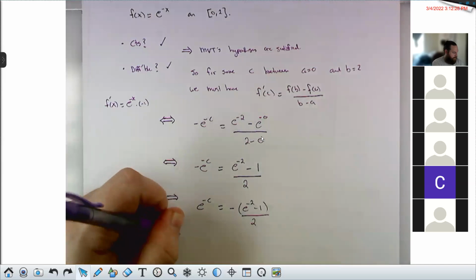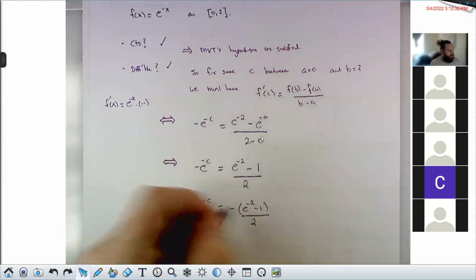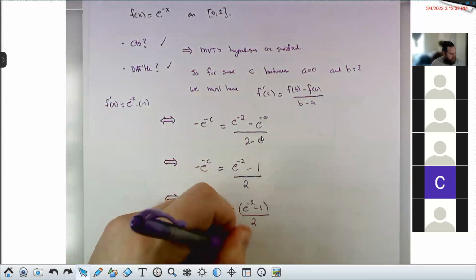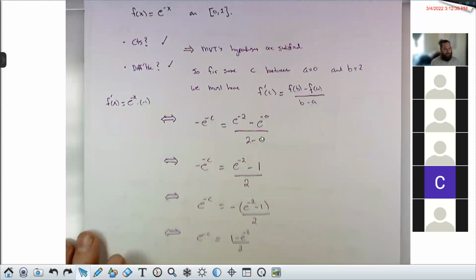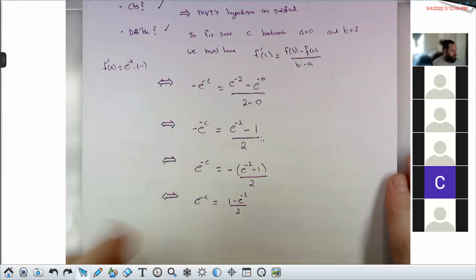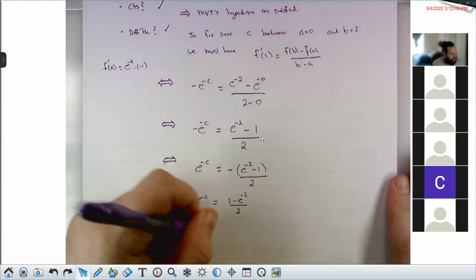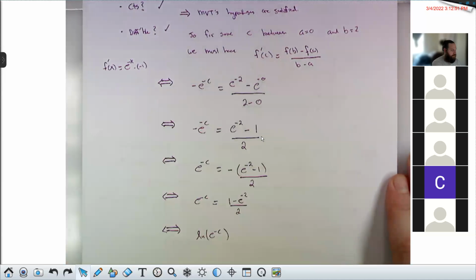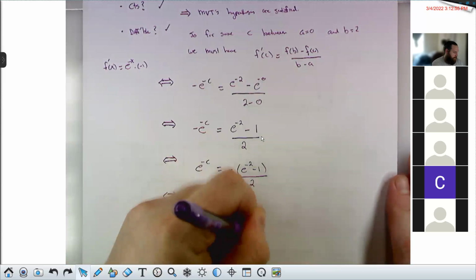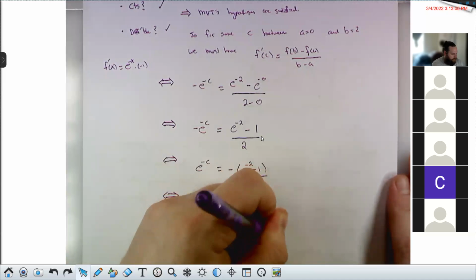I'm going to do two things in this step. Well, maybe just one thing. So this is e to the negative c equals, if I distribute the negative over here, this will become 1 minus e to the negative 2 over 2. Now, if I take the natural log on both sides, I'll have natural log of e to the negative c on the left equals natural log of 1 minus e to the negative 2 all over 2 on the right.